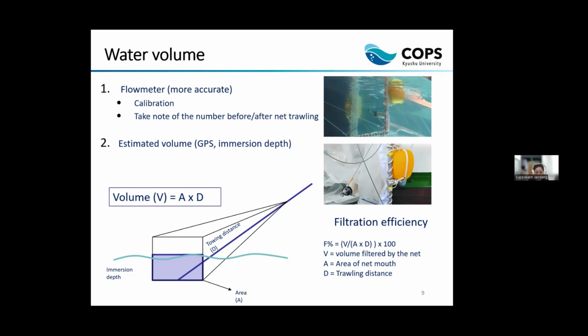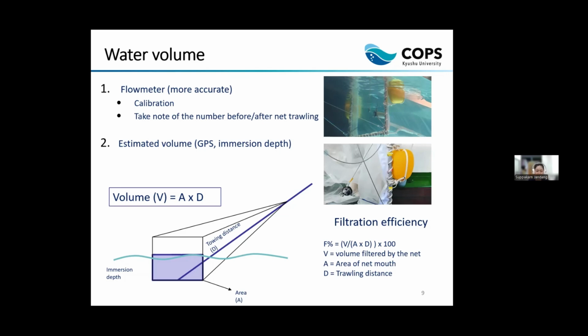For those who have the flow meter, first, when you attach it to the net, you have to do the calibration. Of course you have to do this, otherwise it will not be correct data. And then please take note of the number before and after the net towing, because you can use this number to calculate later. Some of you may wonder how to know the distance the net goes.